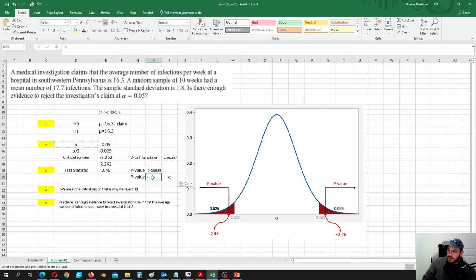So our p-value in this case is less than alpha, and if the p-value is less than alpha, then we reject H0. Same conclusion, as you can see, because the approach itself is very similar. We just rearranged a couple of steps.